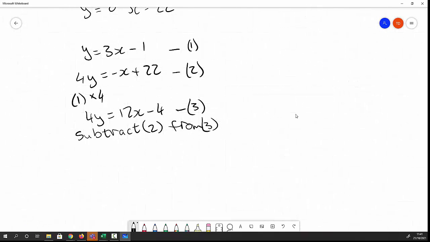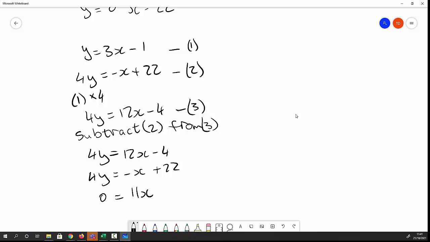Okay, so that gives me 4y is equal to 12x minus 4, and then I'm subtracting 4y is equal to minus x plus 22. So 4y minus 4y is going to give me 0. 12x minus minus x, just be careful with that.